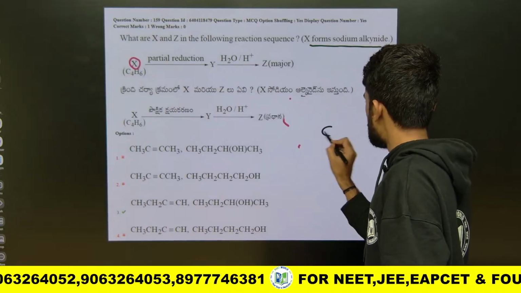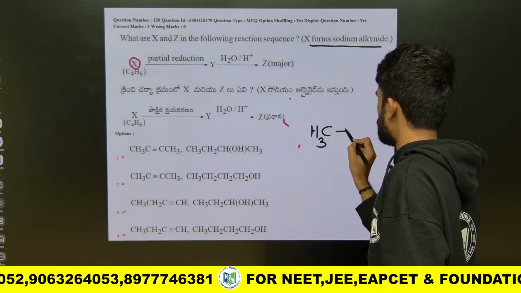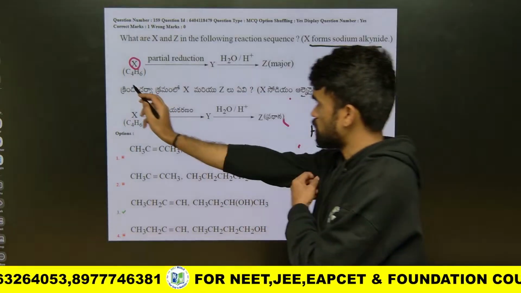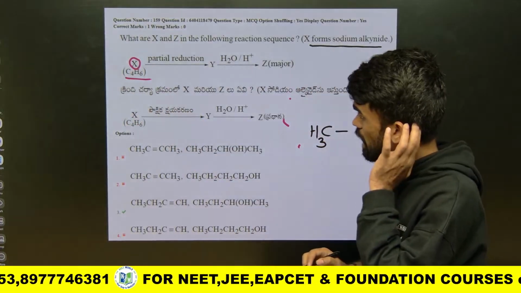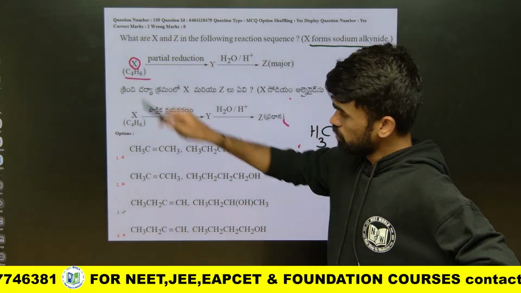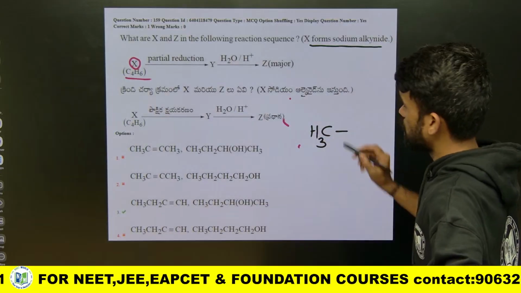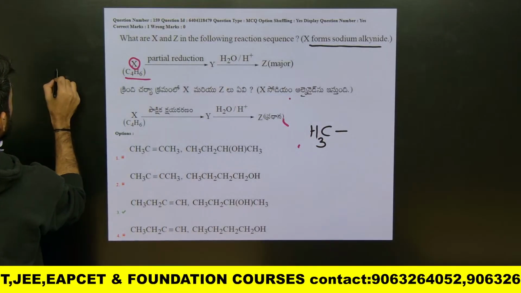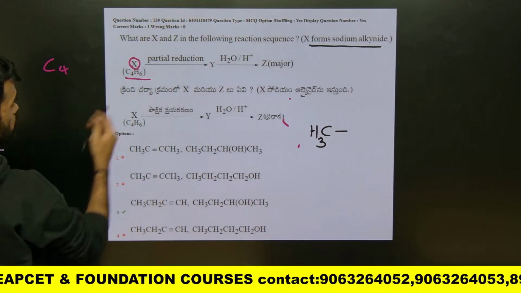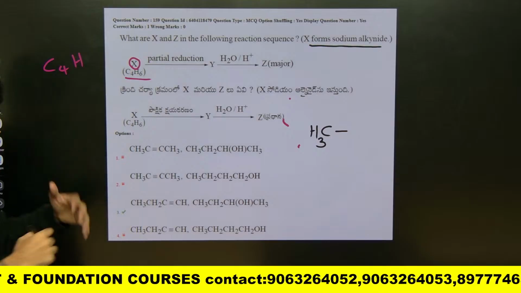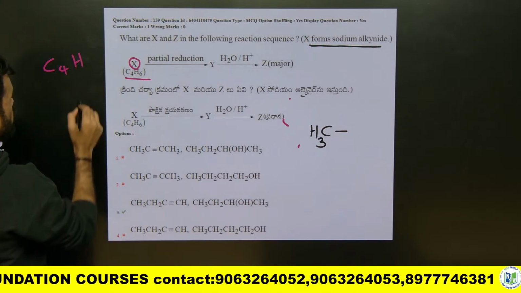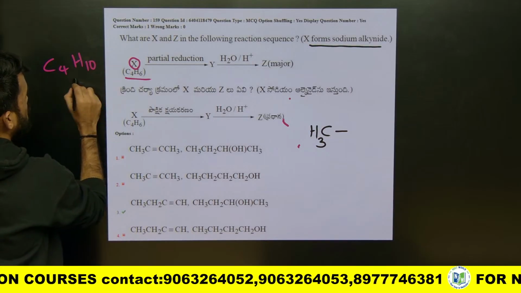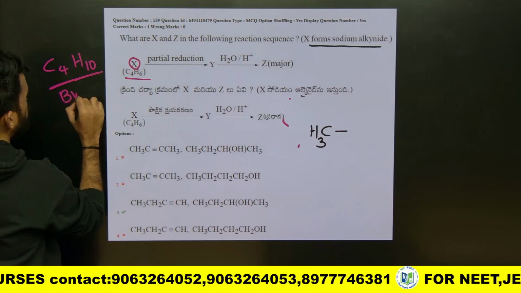So this is CH3, I am writing, with 4 carbons now. See here, what is the degree of unsaturation for that? Whenever we have 4 carbons, consider the respective alkane. With 4 carbons, CnH2n+2 gives C4H10, which is butane.